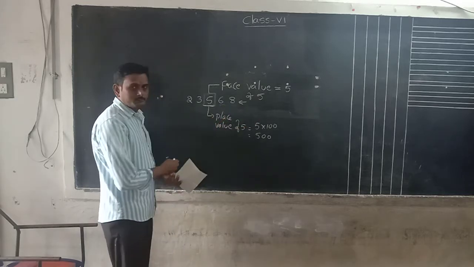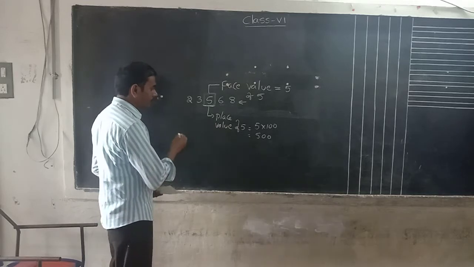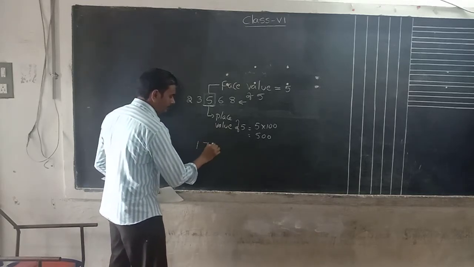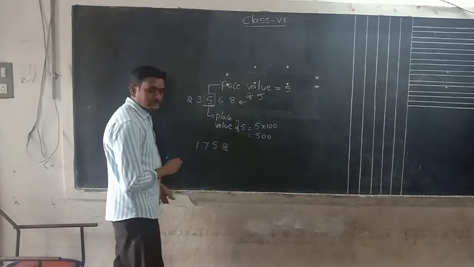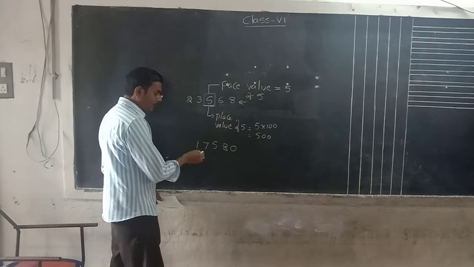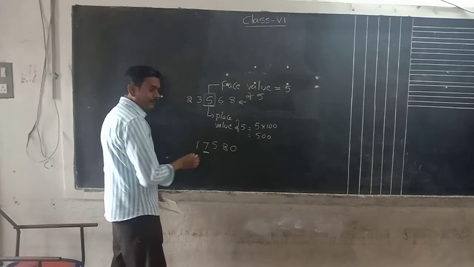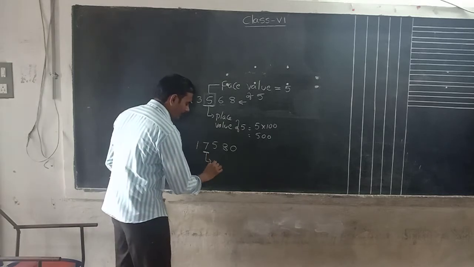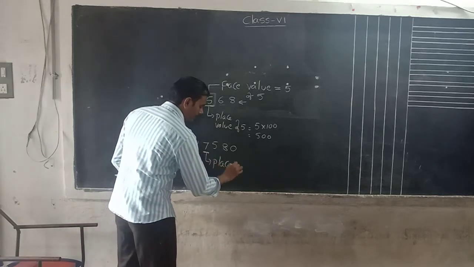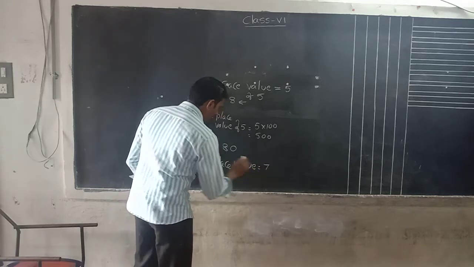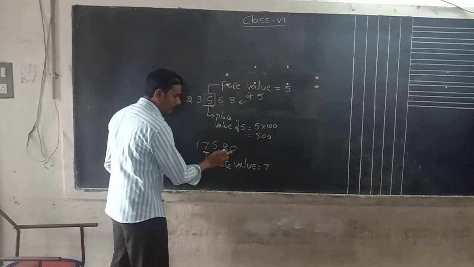For example, I take one more example. Like this question is given to you: what is the place value of 7? Place value of 7. Beside 7, how many digits are there? 1, 2, 3.